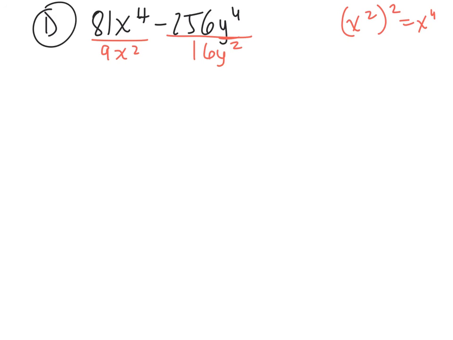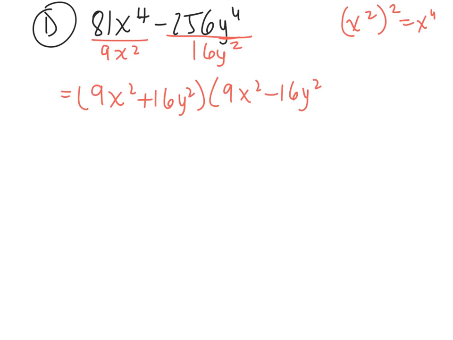You know it's not going to be 15, okay? Maybe some of you thought 14. Just try it out, but just know 256 is a square. So I rewrite this as 9x squared plus 16y squared times 9x squared minus 16y squared, right? That's the definition of a difference of squares.